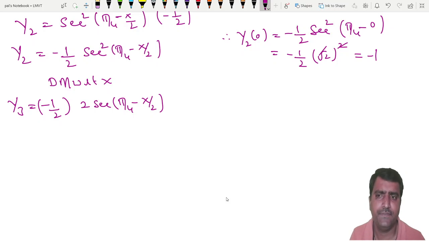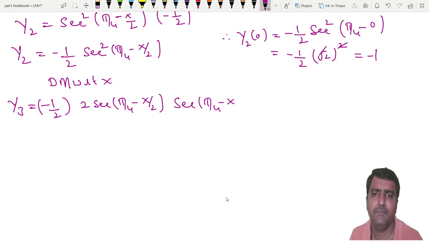Then we have to differentiate secant also. Differentiation of secant theta is secant theta into tan theta. So it is secant of pi by 4 minus x by 2 into tan of pi by 4 minus x by 2.